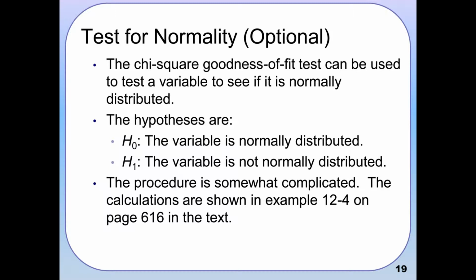The hypotheses are: H0, the variable is normally distributed, and H1, the variable is not normally distributed. The procedure is somewhat complicated. The calculations are shown in Example 12-4 on page 616.